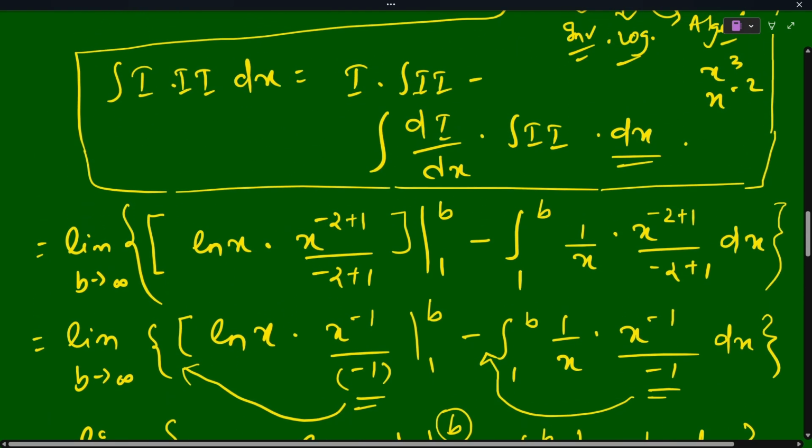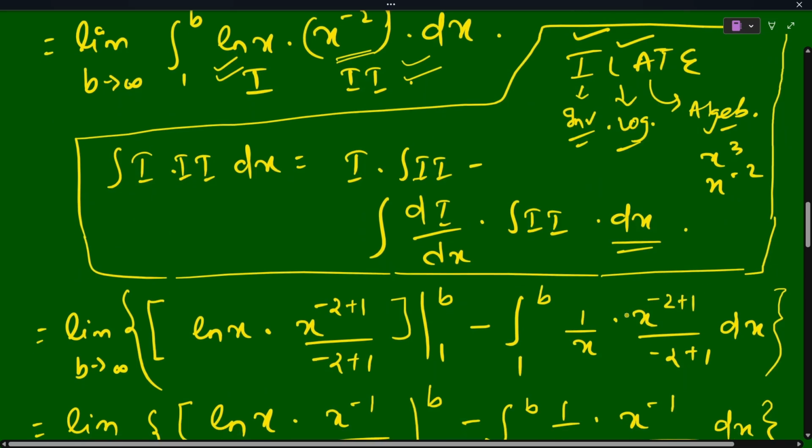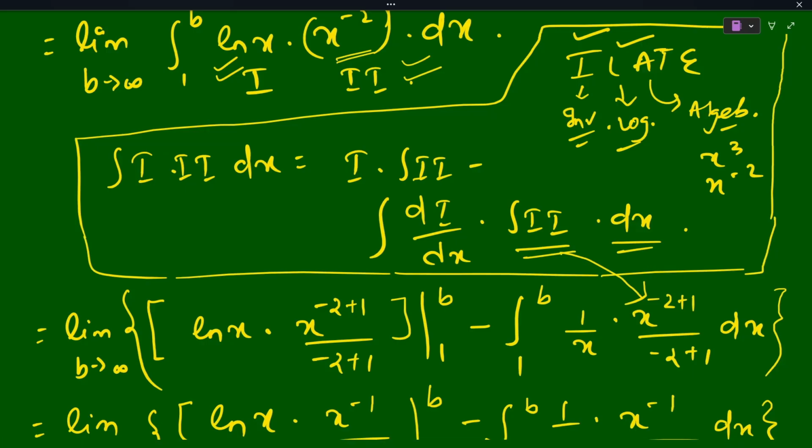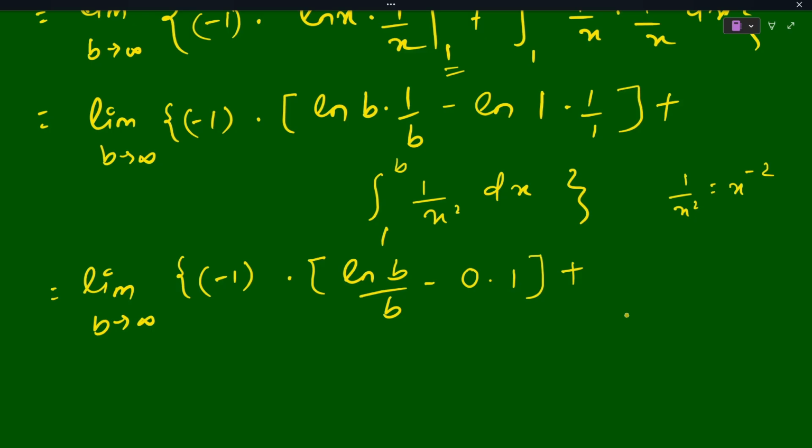Here we have solved this part while finding the integration of the second. We have already found this one. From here also you can use this thing. So I'm writing directly, it is 1 by x square. So this one is minus 1 by x and the limits are from 1 to b.